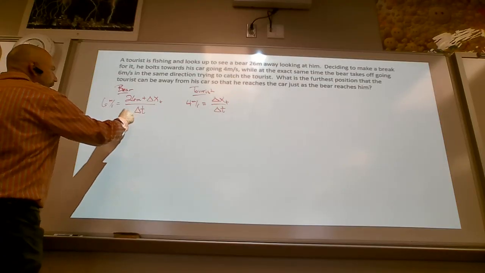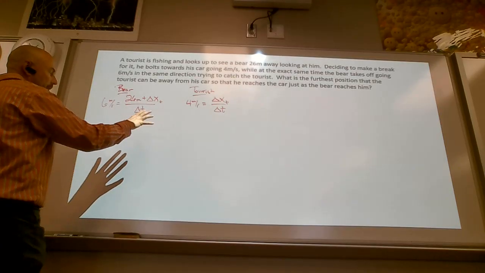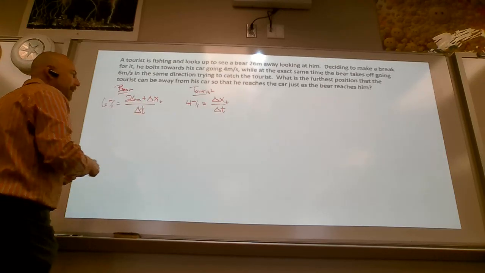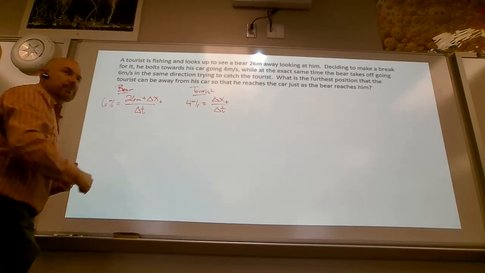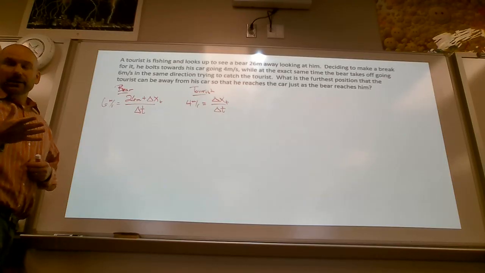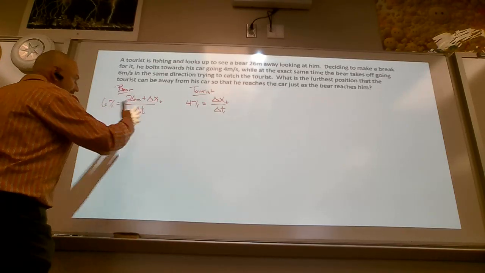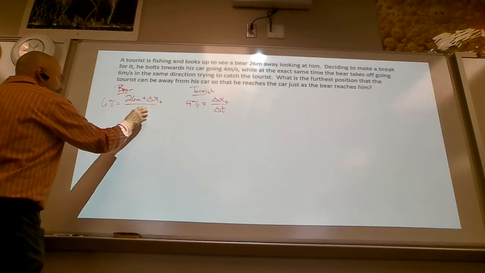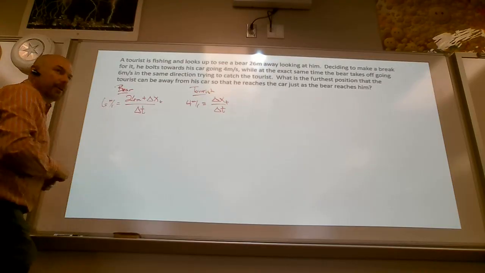Now, a general piece of advice: if you ever have an unknown in the denominator, this is a source for a lot of errors. My recommendation to not fall in that pit is to get the unknown out of the denominator.